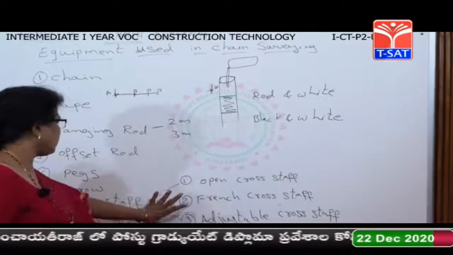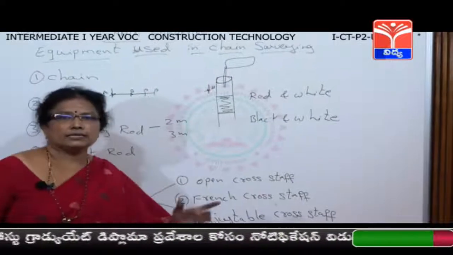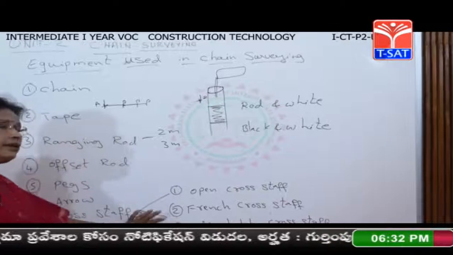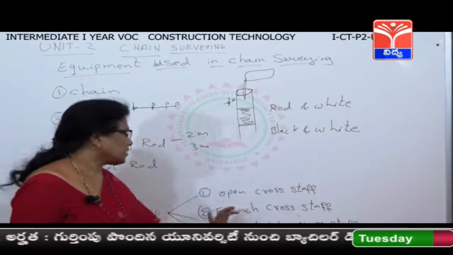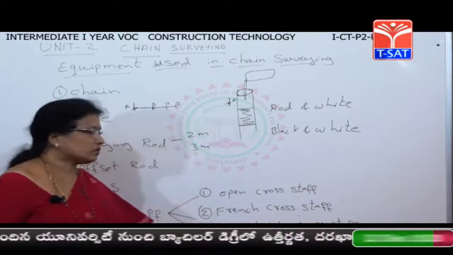These are the different types of cross staffs. You will be asked in the exam for 2 marks: what are the 3 different types of cross staff? You have to name these 3: open cross staff, French cross staff and adjustable cross staff.